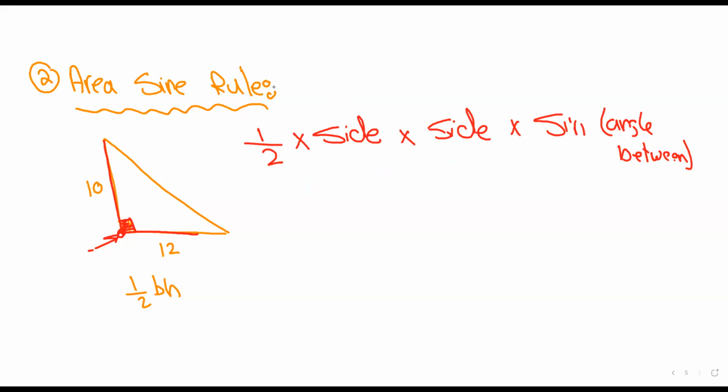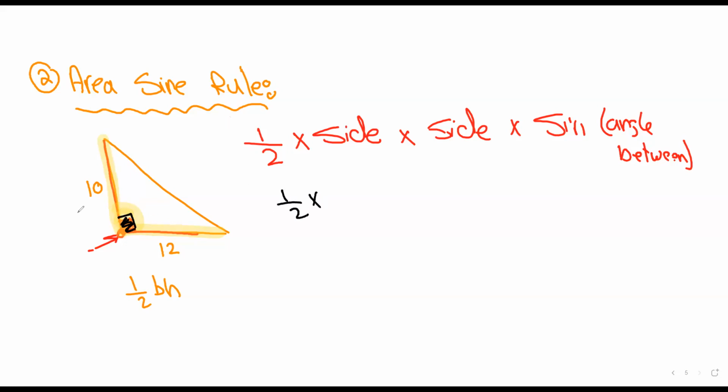What does that mean? It means if I have two sides and the angle in between them given, I can calculate the area of any triangle that I want. So let's redo this again.